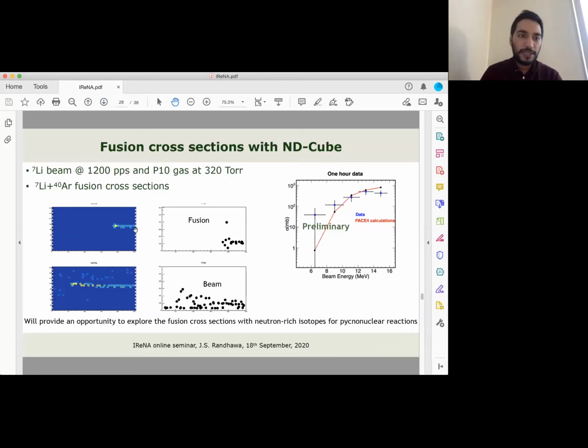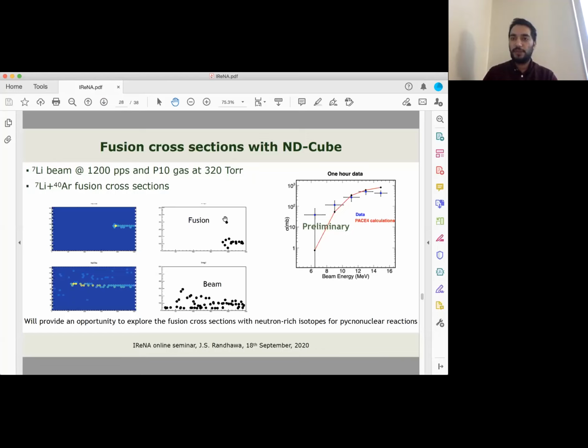So what we see here is the track of the beam particle, and you see the drag curve for the beam particle. And this is an example fusion event. This is how we identify the fusion events. If the fusion happens, it stops much earlier in the detector, and the total charge deposited is much higher.